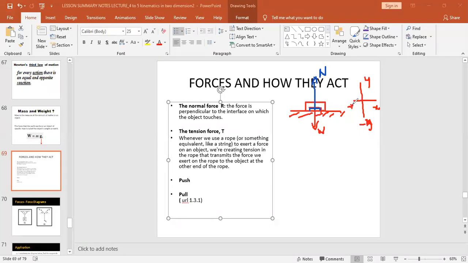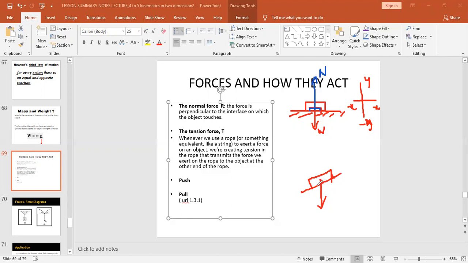Now, if the surface has changed here, and the object touches the surface this way, the weight of the object always acts perpendicularly down. It will always act vertically down. But your normal reaction always acts perpendicular to the contact surface. So take note of that.